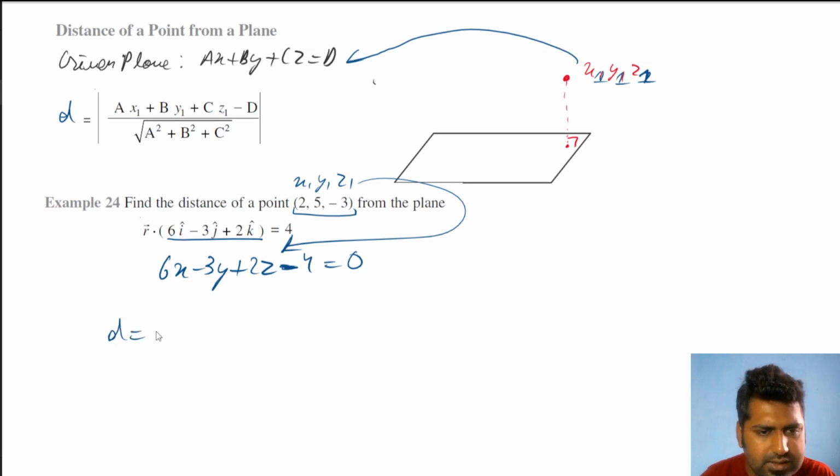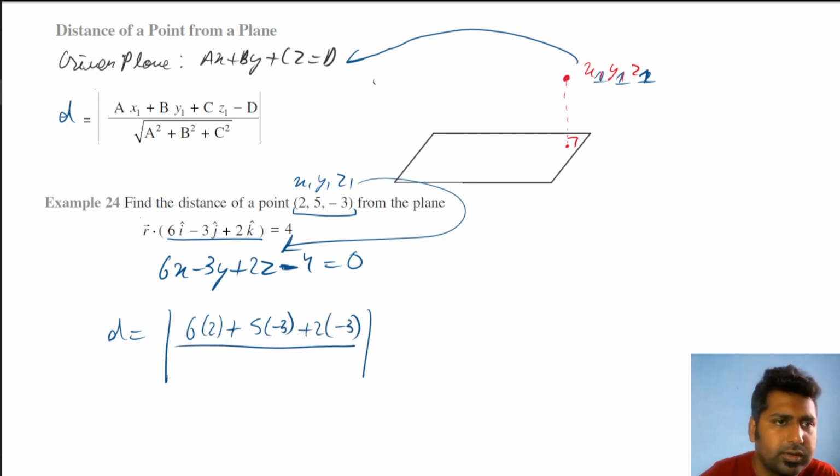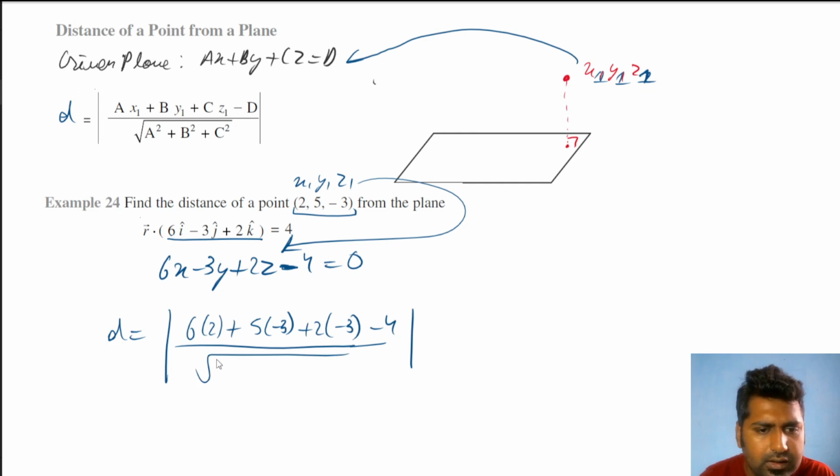So the distance is a mod, because distance cannot be negative. So 6 into 2 plus 5 into minus 3 plus 2 into z, which is minus 3, and minus 4 is also there. The denominator is the component squares: 6 square, minus 3 square, plus 2 square. A square, b square, c square, that's this.